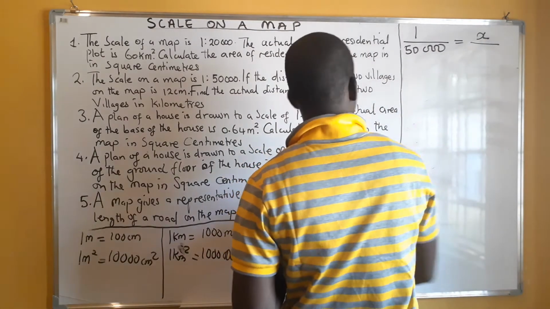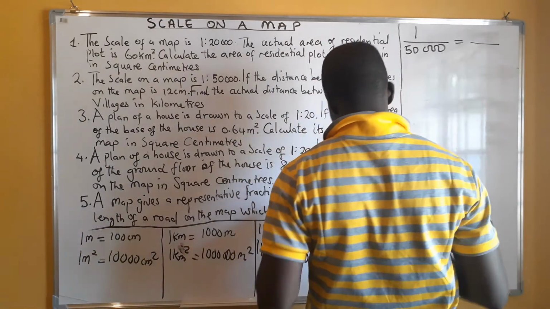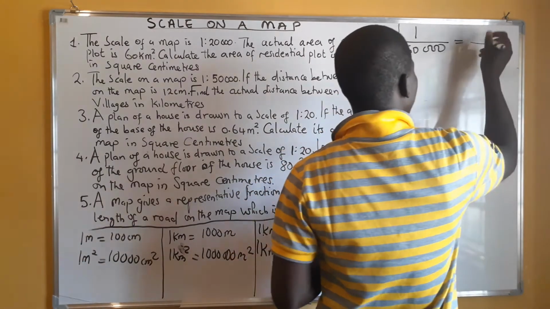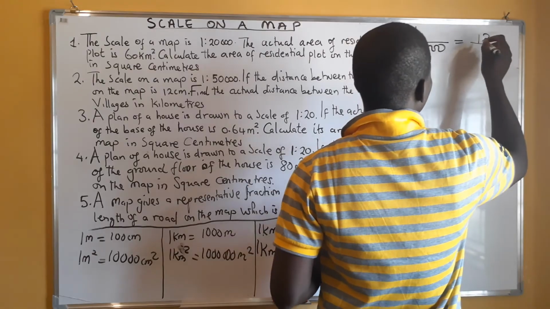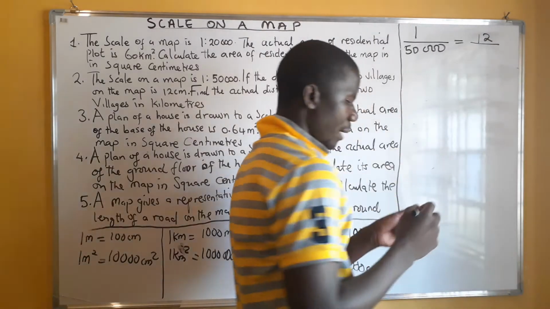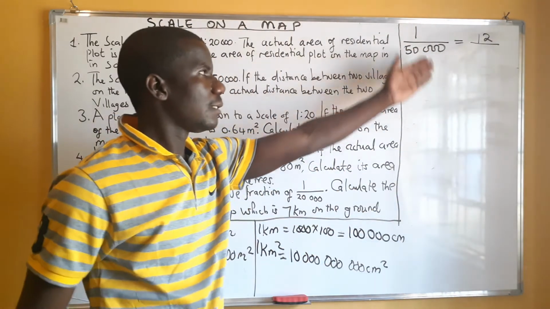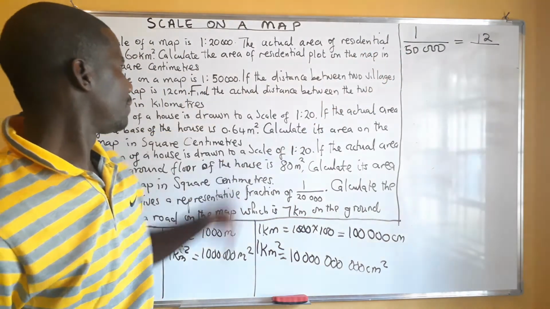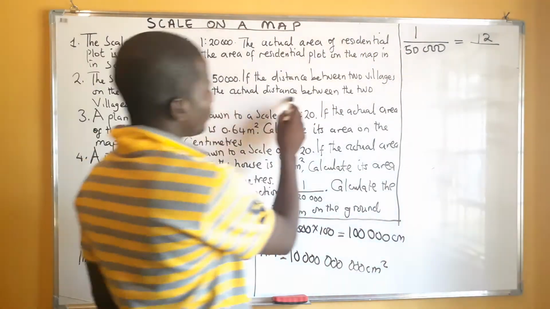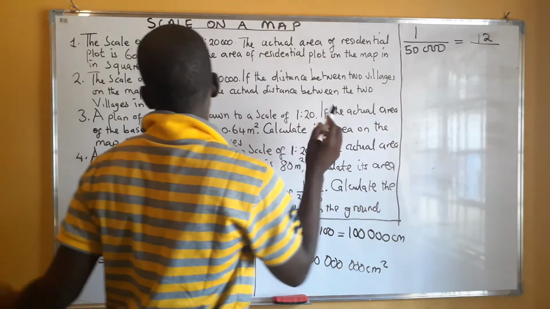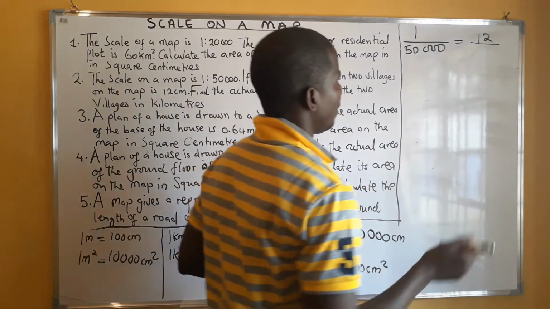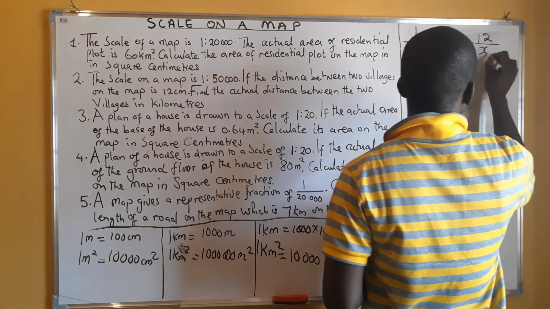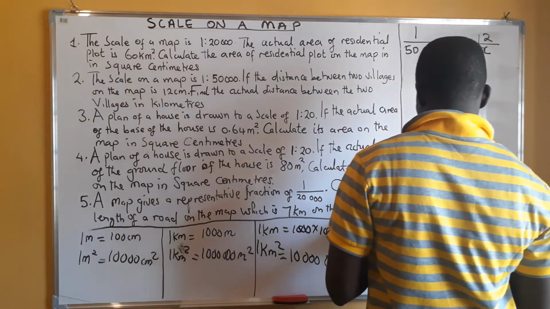Oh, sorry. Here we have been given 12 centimeters. There's nothing that has been squared here. 12 centimeters on the map is what we have been given. Find the actual distance between the two villages. This one is what we are looking for.